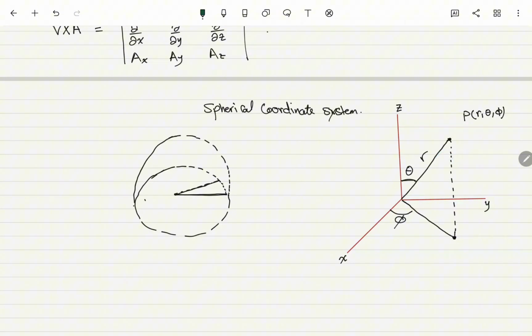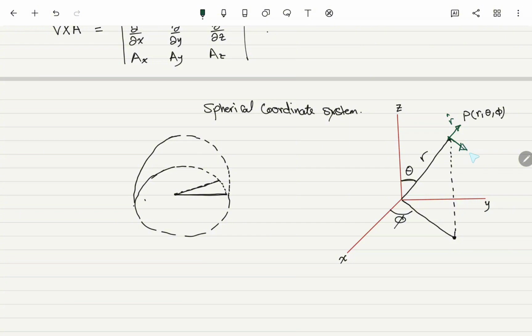Now let's define the unit vectors for the three new coordinates r, theta, and phi. If this is r, the unit vector r hat is directed this way. So this is r hat. Again, when you draw a sphere, you are making angle theta, so theta hat is directed this way right here.